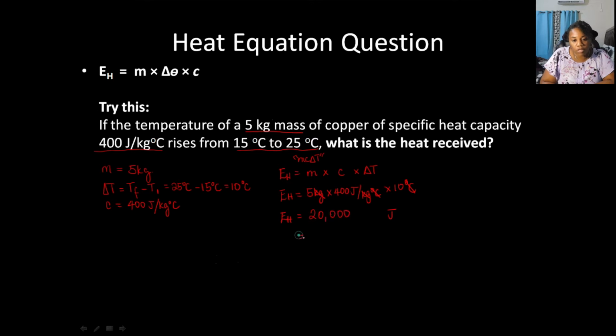And if you want to write that smaller, you get rid of these 3 zeros, 20 kilojoules. Alright, so that's the answer for this question.